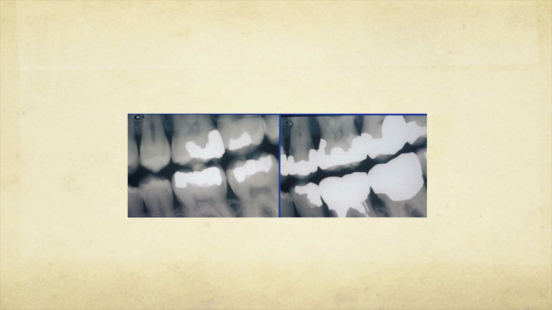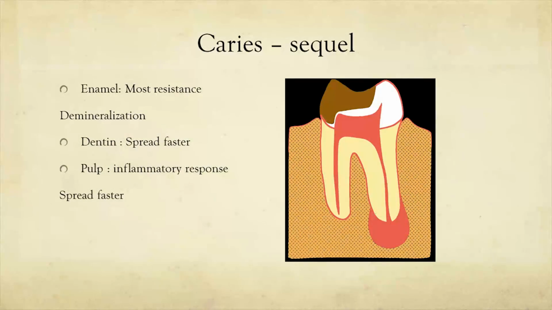As I was explaining, the most resistance you get from your teeth is your enamel, but it's mainly a demineralization process. Once it gets into dentin, it goes a lot faster.